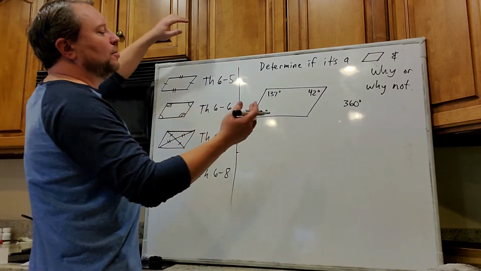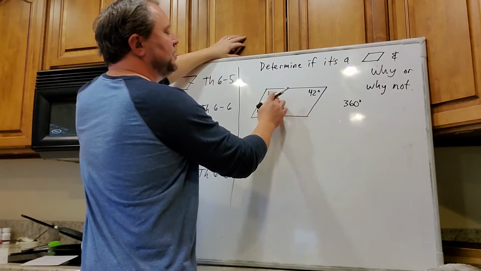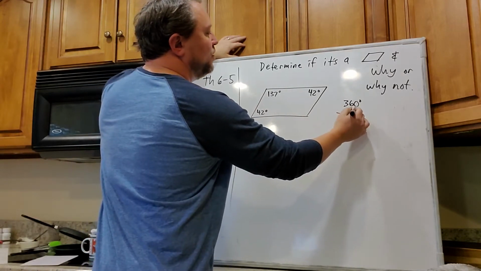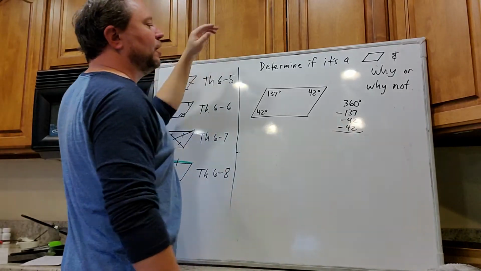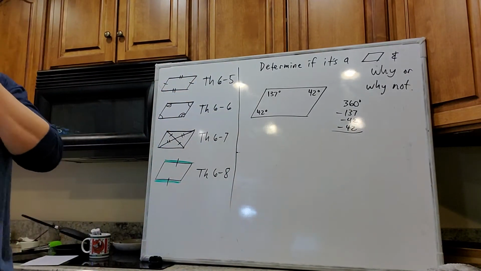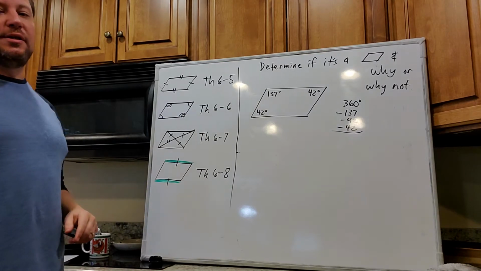Okay, if you do the math here, if you take away from 360 these three, so if I take away a 137, a 42, and another 42, I think you're going to find that our missing angle that's left here is not 137.